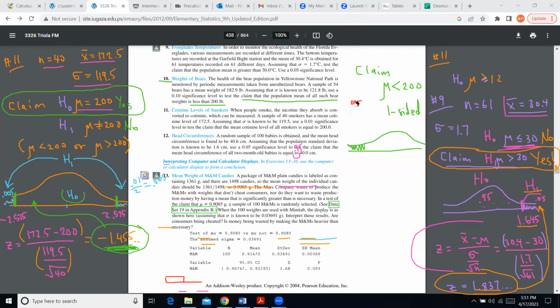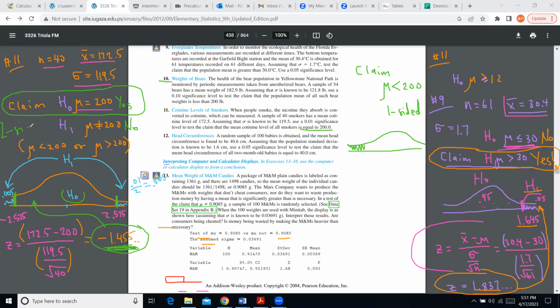You see how it works? So you need to decide one side or two sides. So when is two sides going to happen? Well, in exercise number 11, where we had equal. Because once you have equal and not equal, then it's going to be two-sided.